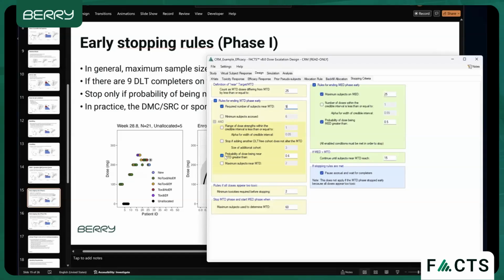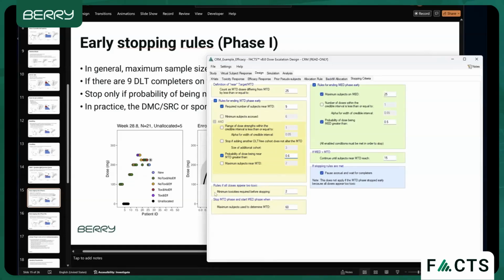Well, there's another rule here that we specified, which is that we want the probability of this dose being actually near to the true MTD greater than 60%. So this takes into account the uncertainty that we have in our posterior estimate about whether the current MTD estimate is actually the true MTD or not. And only if we exceed a certain number here are we really happy to stop the MTD search.